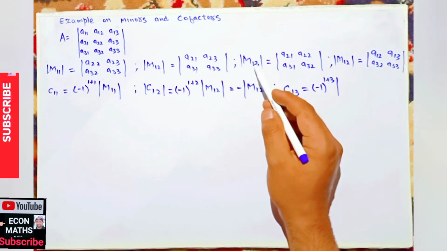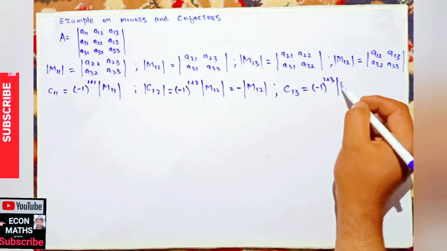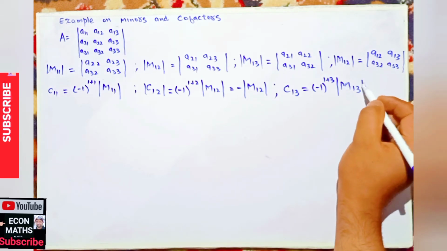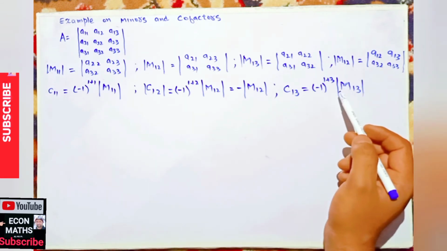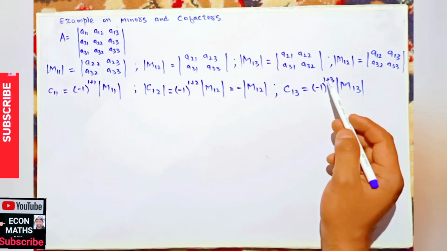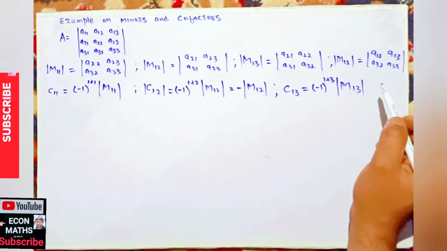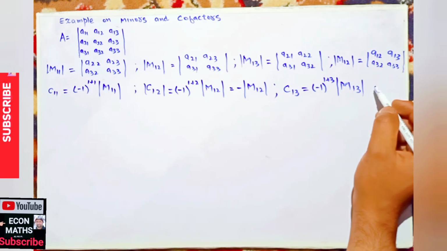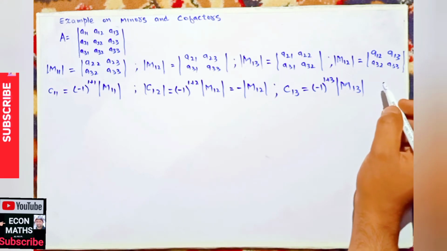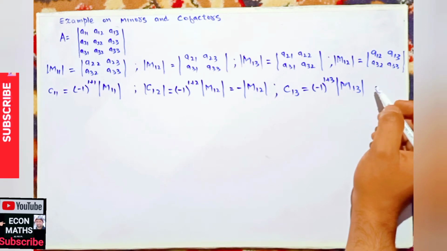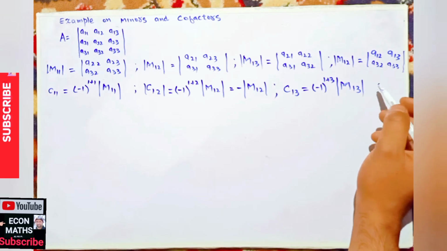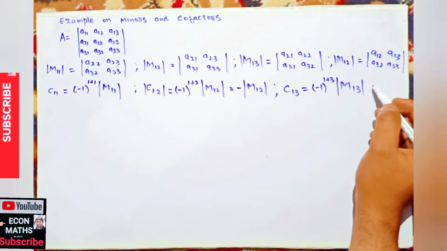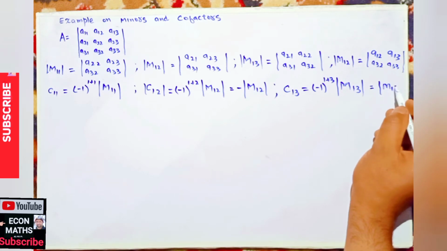The given minor here is M13, so I will write M13. Here 1 plus 3 is 4, and -1 raised to the power 4 is plus 1, because -1 raised to the power of an even number is positive, and -1 raised to an odd power is -1. So this is M13.